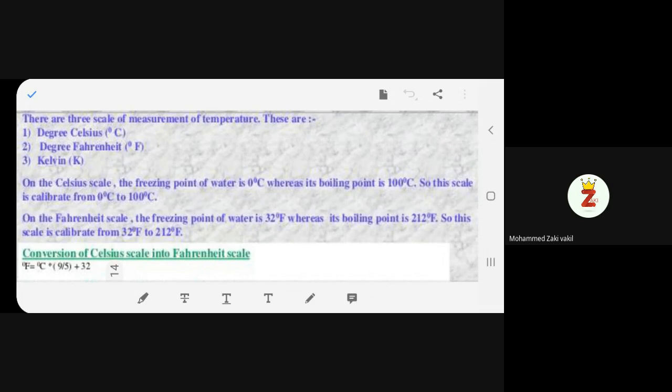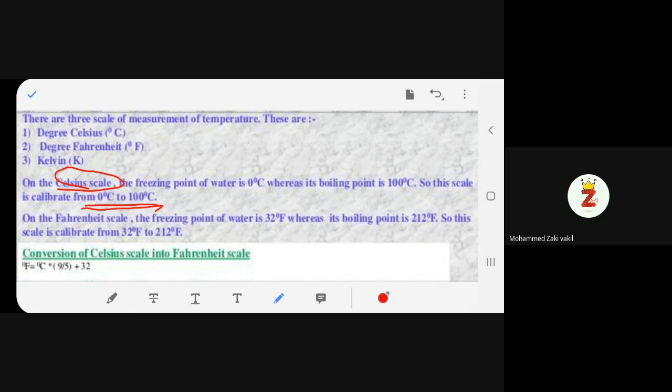So first let's take up Celsius and Fahrenheit and see the comparison. What is the freezing point of water, beta? 0 degrees Celsius. What is the boiling point? 100 degrees Celsius. So the Celsius scale has a range of 0 to 100 degrees Celsius. Is it clear?